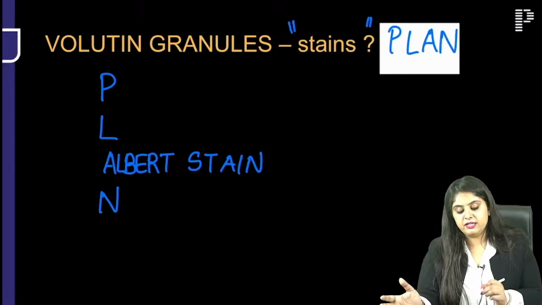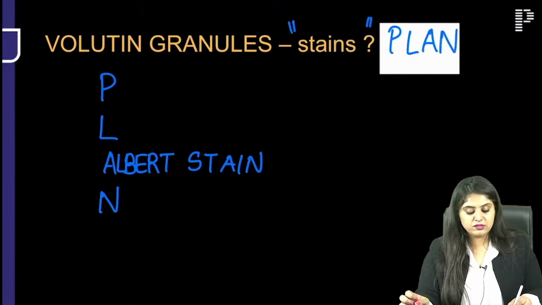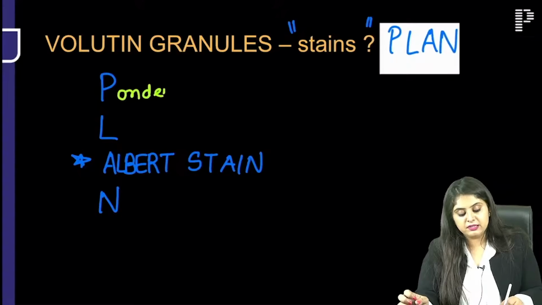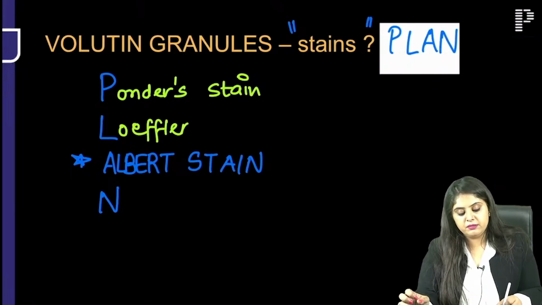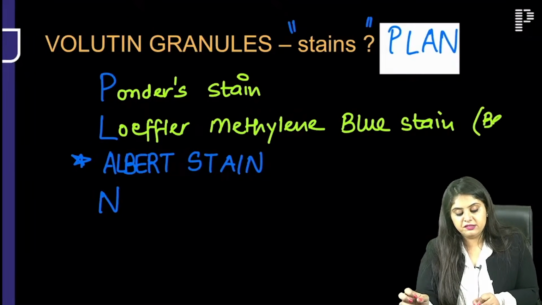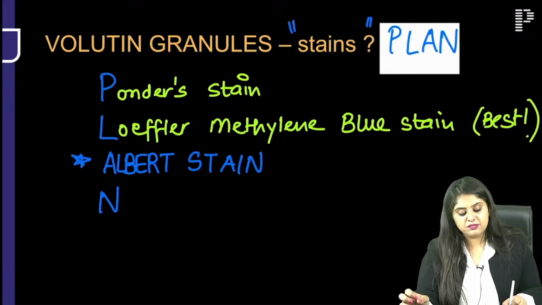You have just done the Albert stain as of now, but in the books it is written there are other stains also, like the Ponders stain, like Loeffler methylene blue. In fact, now it is said that Loeffler methylene blue stain is the best stain out of these. And finally, the last one that you have is the NEET stain.